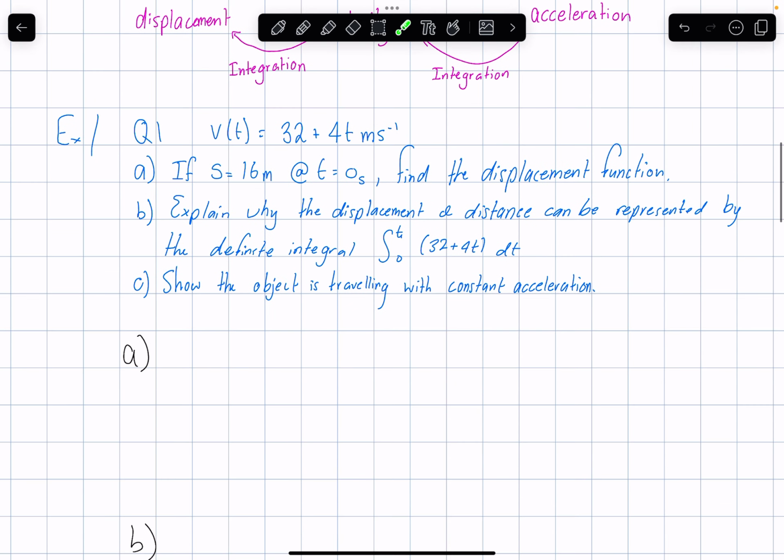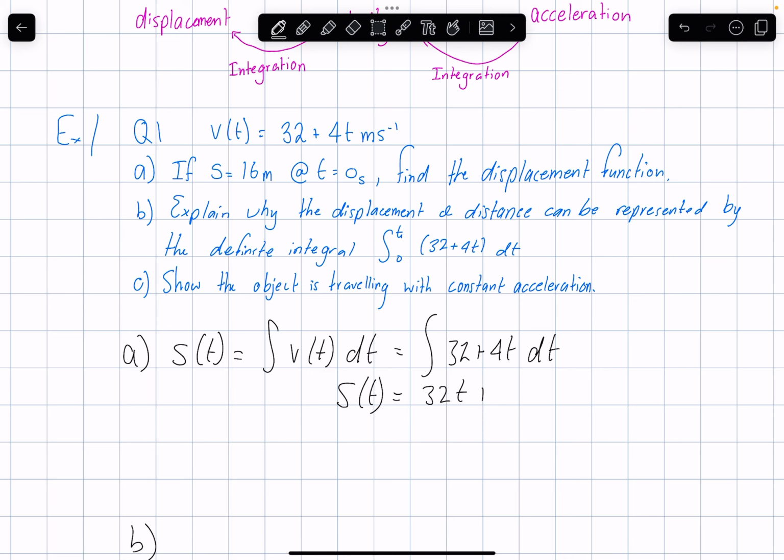All right, so let's start by finding the displacement function. Now, s of t, we know is the integral of v of t dt. So that's equal to the integral of 32 plus 4t dt. Now that there, s of t is equal to 32t plus 2t squared plus c.